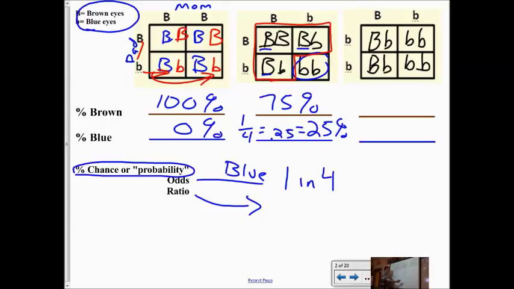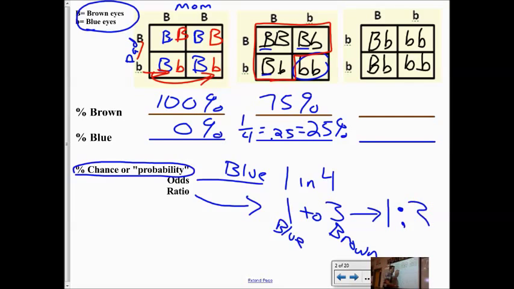Okay, so for every 1 blue-eyed kid, there's going to be 3 brown-eyed. You see that? You got to write it the proper way. I said, what's the ratio of blue to brown? And so the blue number has to be first. For every 1 of these, we're going to have 3 of those. And the way we write that ratio, as you should already know, is like this, 1 to 3.